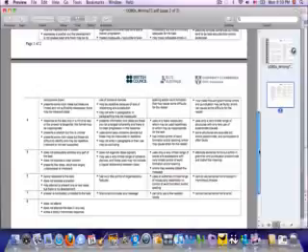Cohesive phrases, so the ability to link ideas together using phrases like "as this shows," "as can be seen from this," "in conclusion," "firstly," "secondly," "on the other hand," "as is clear from this data," "as this data clearly shows." These sorts of phrases. These phrases are either not used or they are used completely incorrectly.